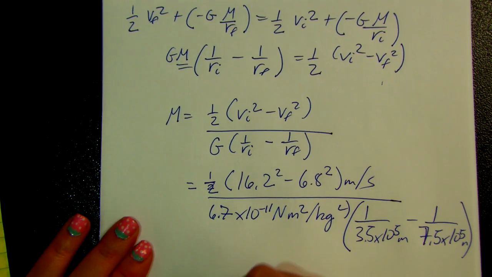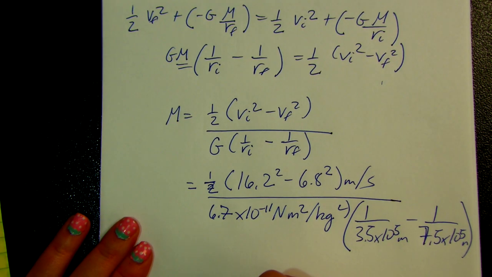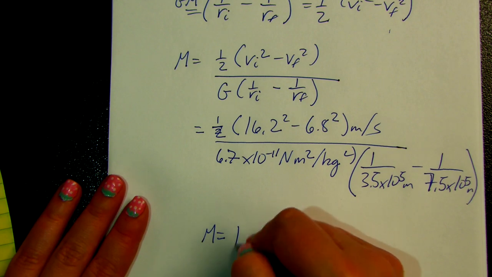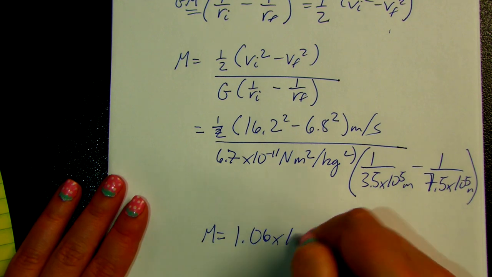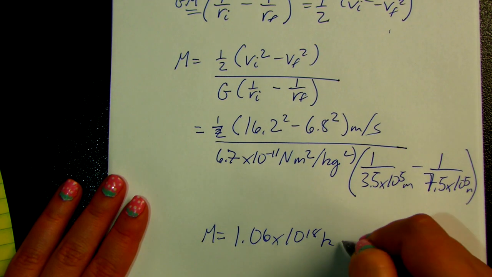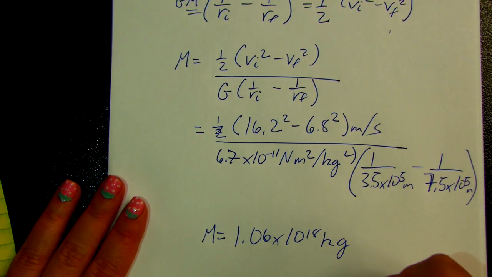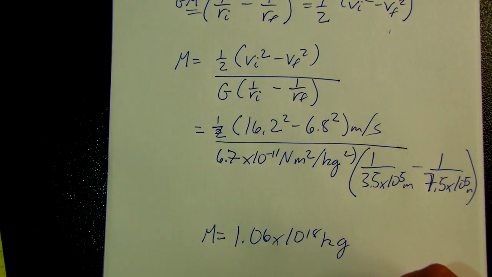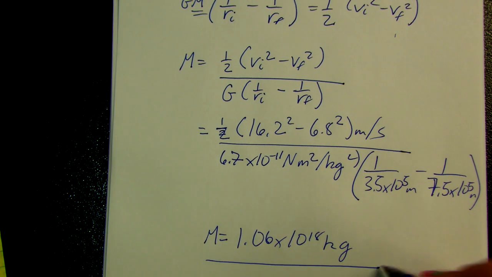And we get the mass of Dysnomia for this setup is equal to 1.06 times 10 to the 18 kilograms. This is probably a little on the light side, but if you were to find this under those circumstances, that would imply the mass of Dysnomia.